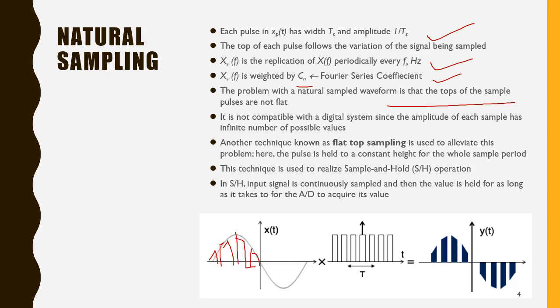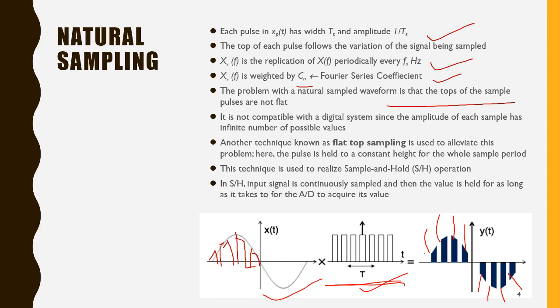As you can see here, there are flat edges or flat tops of the pulses which are followed by the pulse train when we multiply this pulse train with the x of t signal.